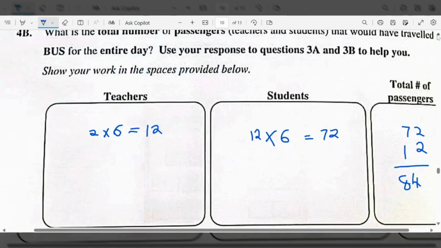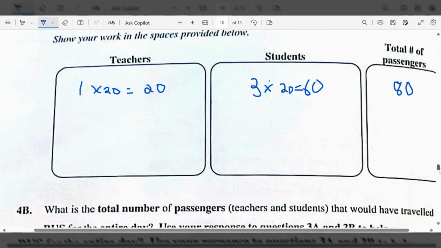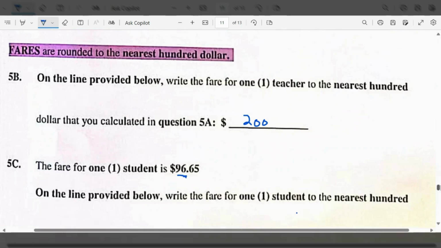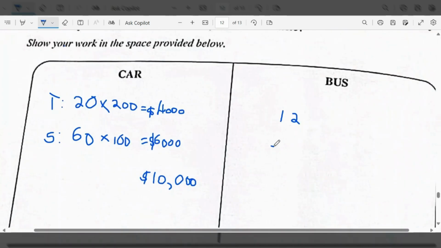There were 72 students and 12 teachers. So 72 times 100, that's 7,200.